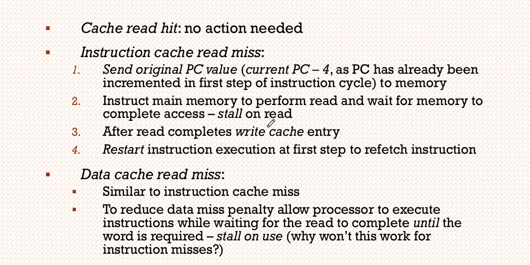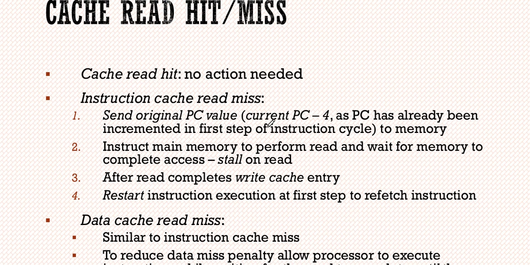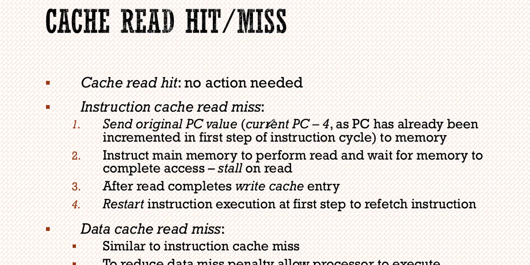Now, some details. We have times when we implement our cache on instruction memory or data memory. When your cache misses on instruction memory, what you have to do is send the original program counter value, that is PC minus 4, because usually it is PC plus 4, to memory.